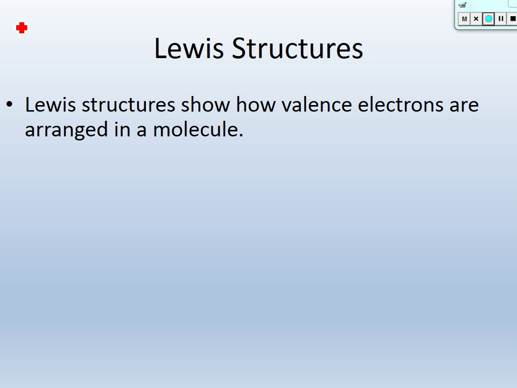You're supposed to write in your guided notes something here. It says, Lewis structures show how valence electrons are arranged in a molecule. So we talked about how valence electrons are arranged in an atom, in one element. We did dot structures, right? But now we're going to put those dot structures together and make a molecule.